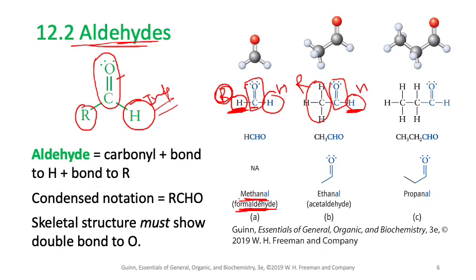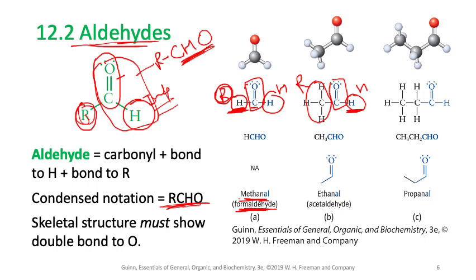And we already talked about how we can also show this structure, C double bond O H, in the form of CHO. If you see somewhere written as CHO, that means we are talking about an aldehyde, right? And then we have an R, this R over here, right? So over here this is RCHO. And then we also learned about skeleton structures in the previous chapters too.